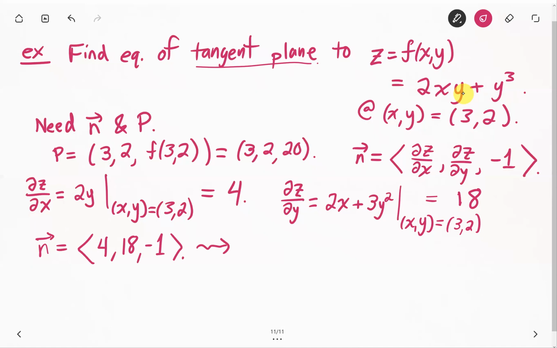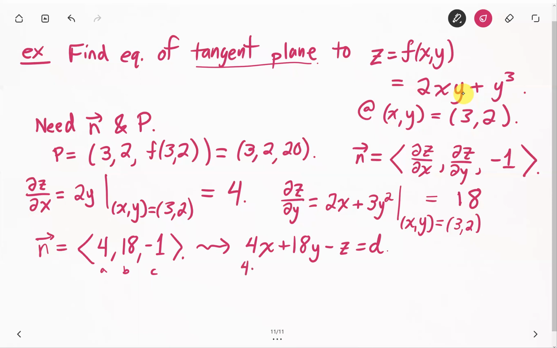It's ax plus by plus cz equals d, and the normal vector gives us a, b, and c. So the equation of the tangent plane looks like 4x plus 18y minus z equals some constant d. I can figure out d by plugging in the point.